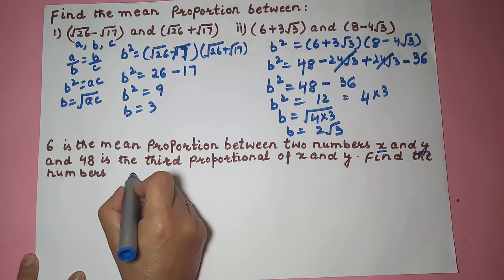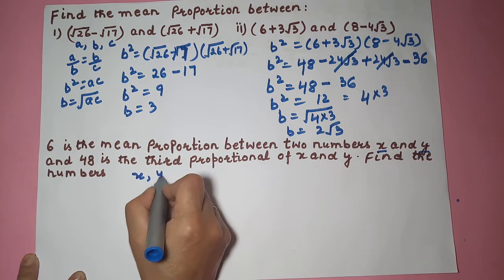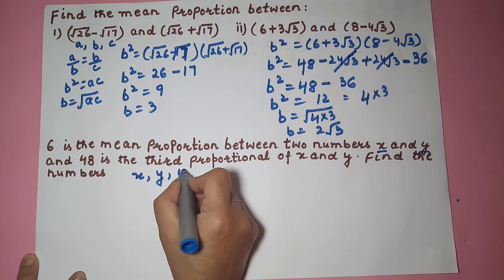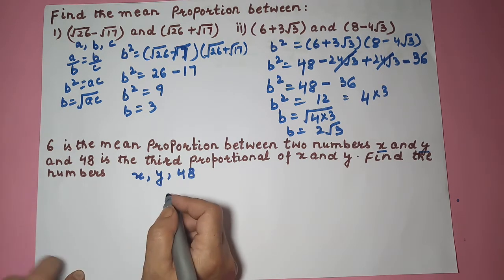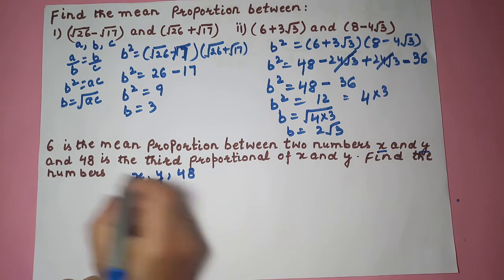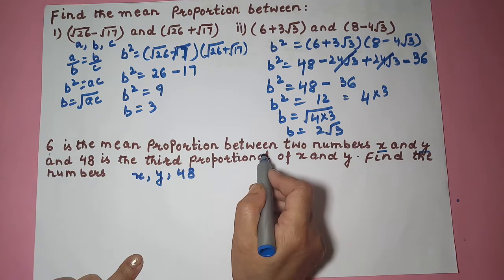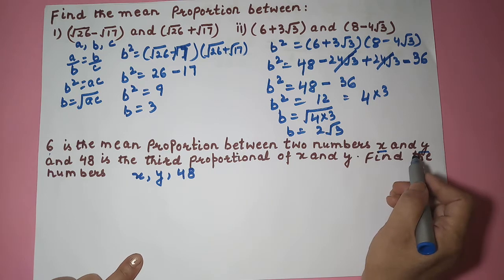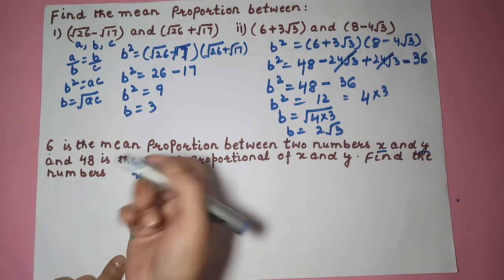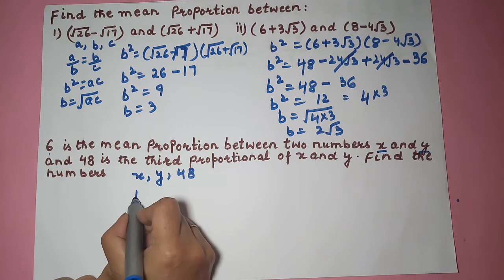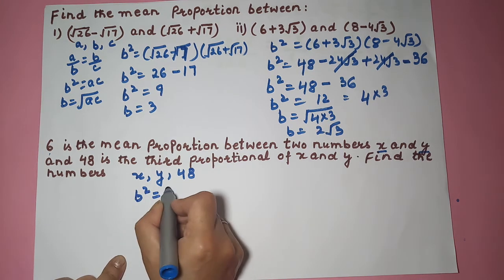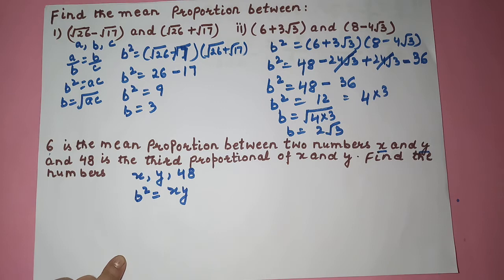That means we have two numbers x, y, and the third proportional is 48. So let's assume that B is the mean proportion between two numbers.